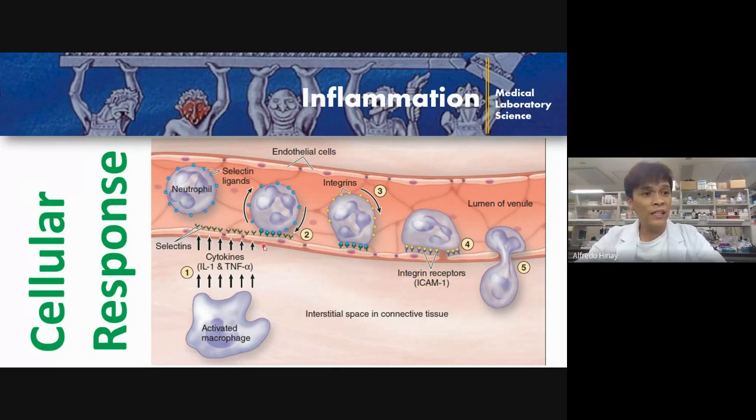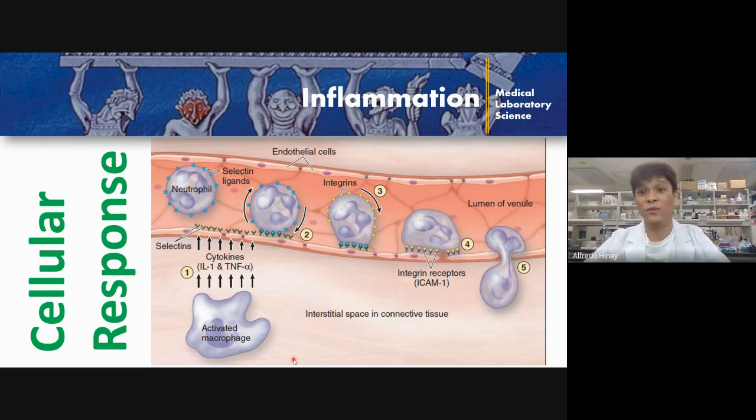The function of your integrins, class, is to bind to your integrin receptor, or your ICAM1. ICAM1 is at the gate, in between the endothelial cells, so it allows the neutrophil to go inside. Okay, to go inside here. There, so it enters. And then your neutrophil will try to kill your organism.